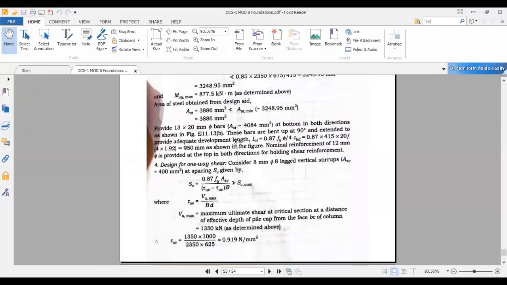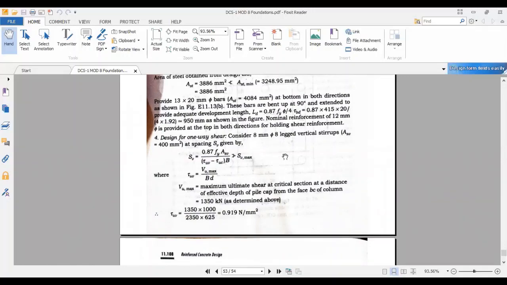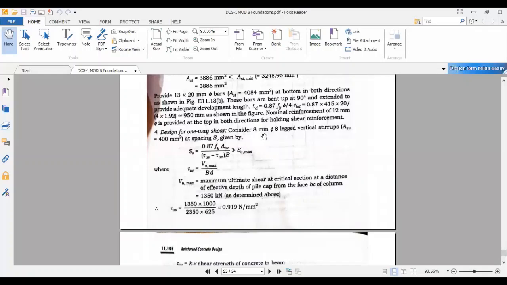These bars are bent up at 90 degree and extended to provide adequate development length LD of 0.87 FY phi upon 4 tau BD, and it is given by 0.87 into 415 into 20 upon 4 into 1.92, and it comes out to be 950 mm. So nominal reinforcement of 12 mm dia is provided at the top in both directions for holding shear reinforcement.